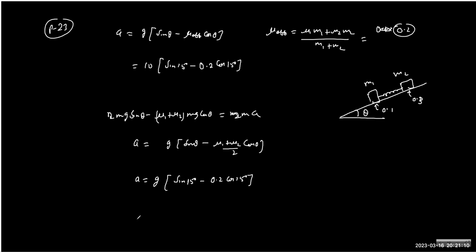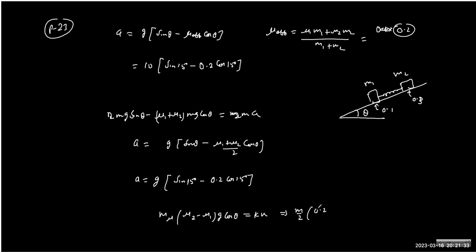No, okay, I'll add directly. Reduced mass, difference of mu, into g cos theta, right? And the reduced mass is m by 2.